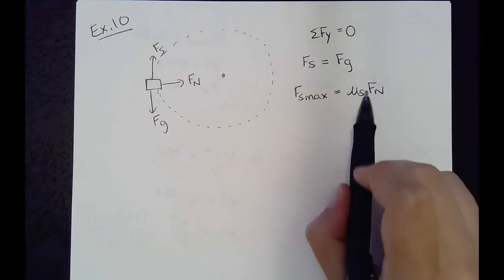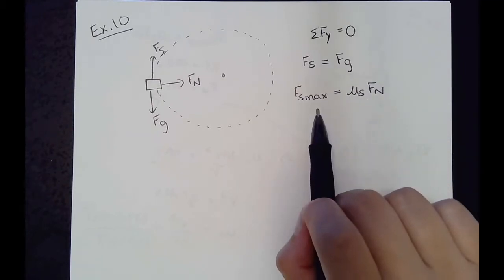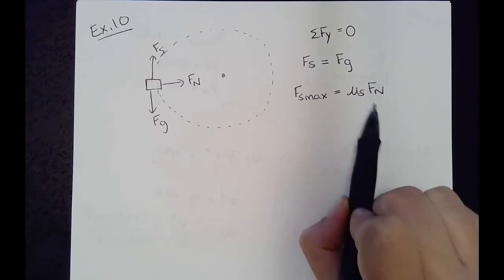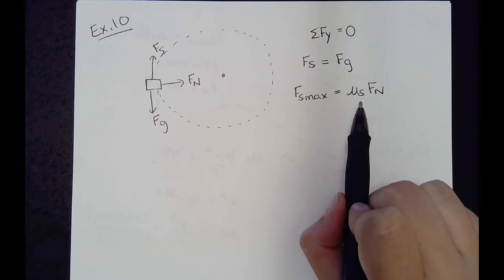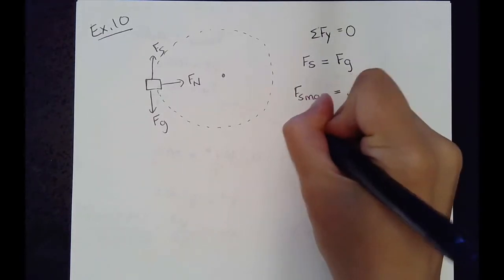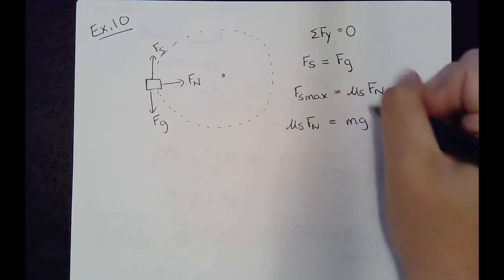So if you think of the coefficient as giving a range of possible static friction values, we'll take the maximum of the range so we can get the lowest possible coefficient of friction value. Okay, so we have mu s Fn equals mg from this equation.